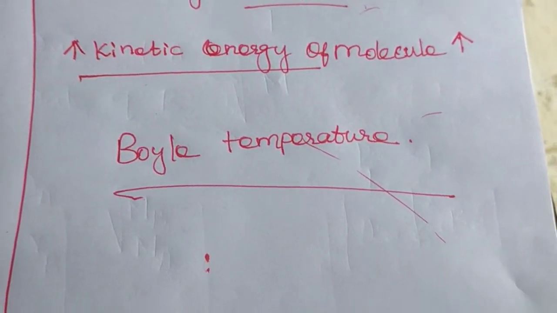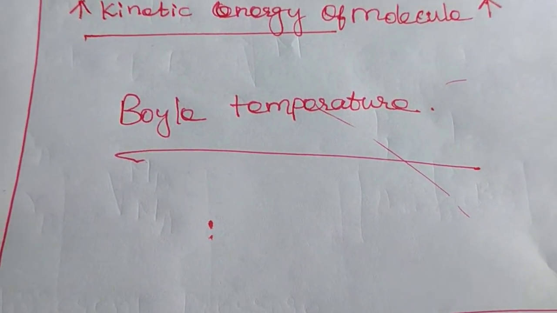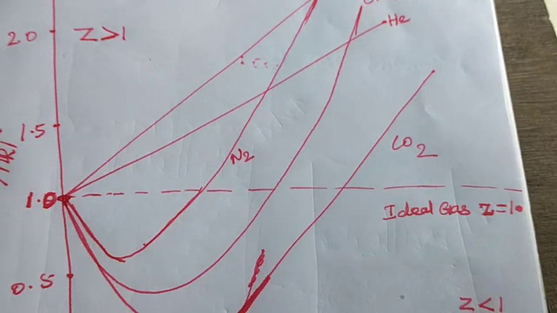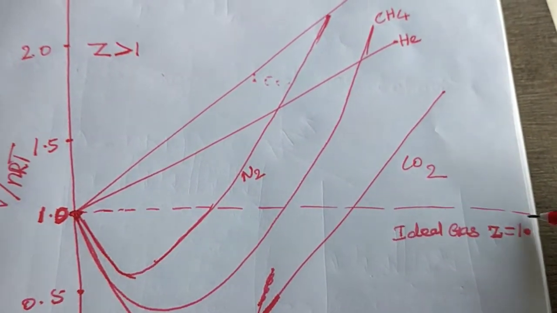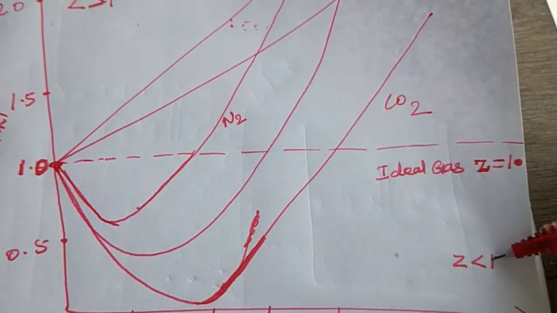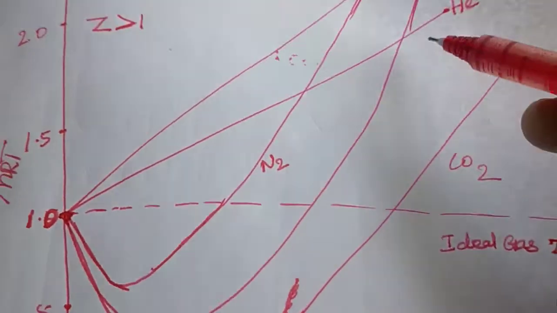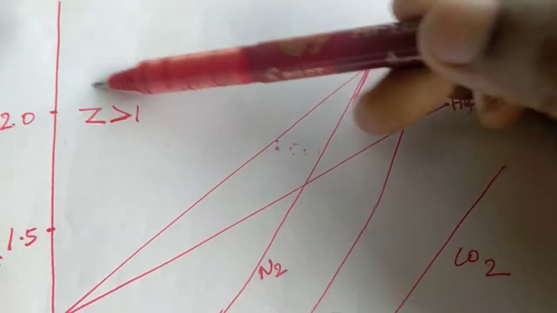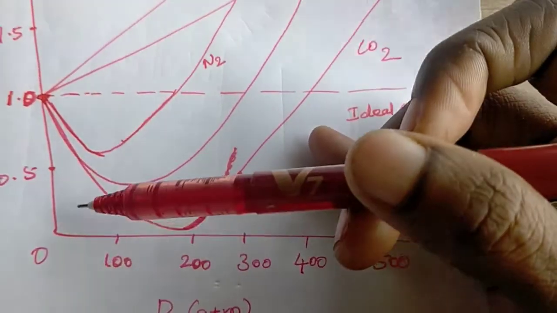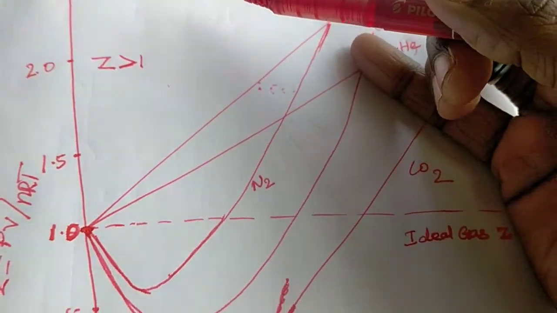But Boyle's temperature and Boyle's point generally vary for each gas. Around the Boyle temperature, we have two types of behavior: Z value less than 1, and Z value greater than 1 with increasing temperature but decreasing pressure.